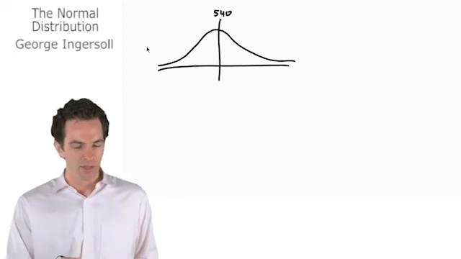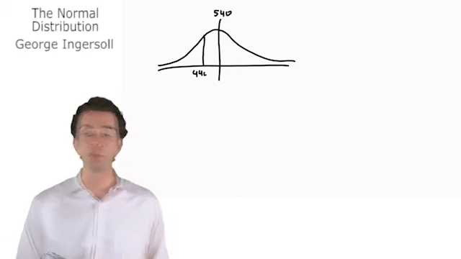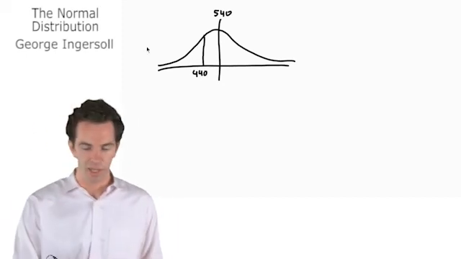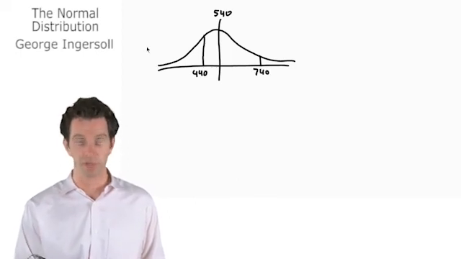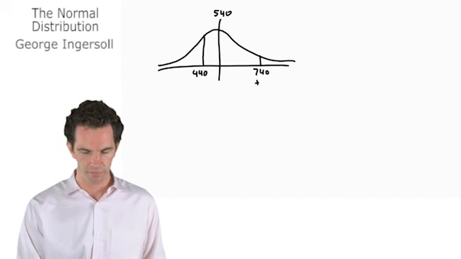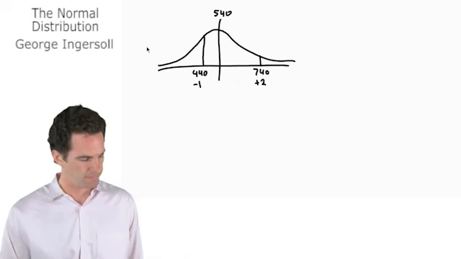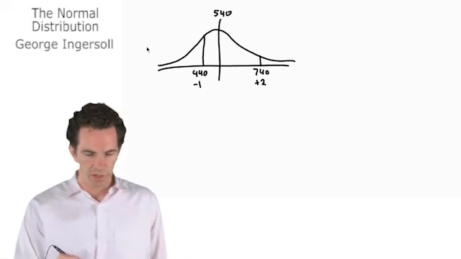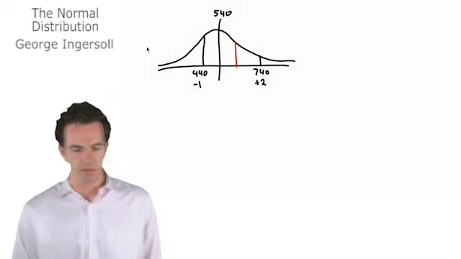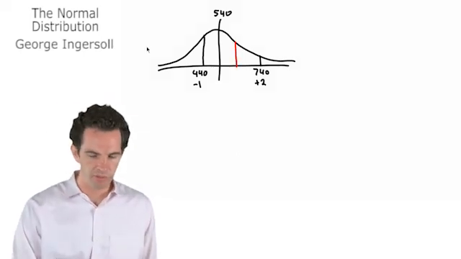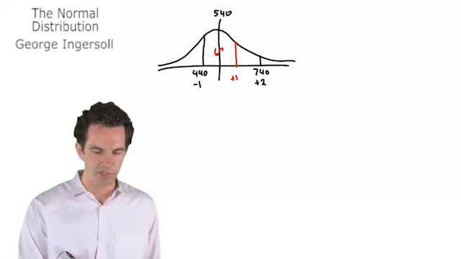video. So here we're looking for the number that fall between 440, that is between -1 standard deviation, and 740, that's +2 standard deviations, right? This is getting a little bit tricky. Well, we already knew that to go between -1 standard deviation and +1 standard deviation, that's going to be 68%.